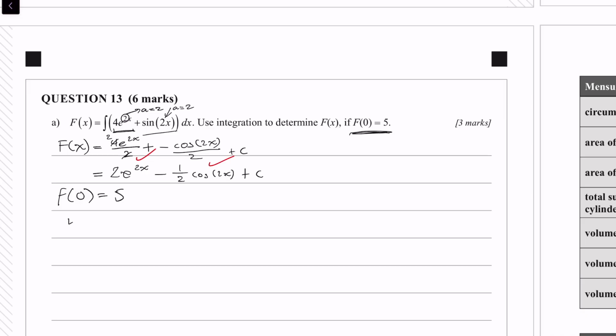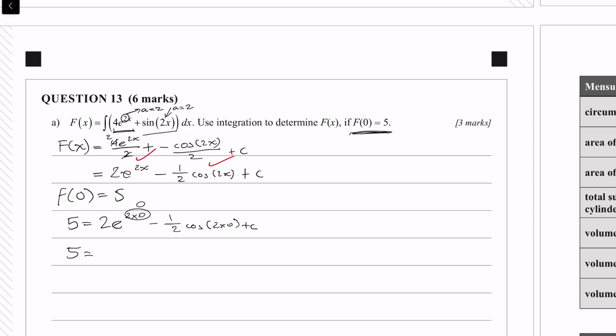So 5 equals 2e, and I'm basically putting zeros in where my x's are. So 2 times 0, minus half cos 2 times 0, plus c, because I'm trying to find that c value now.